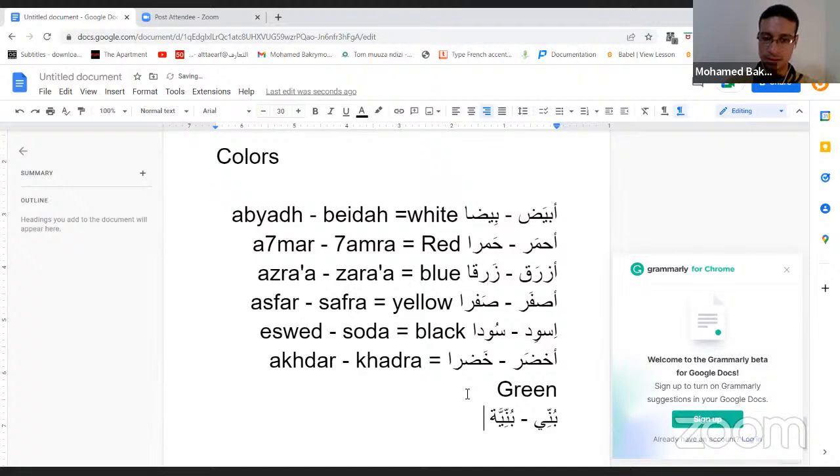It's a different form, so let's not focus on it right now. Let's just focus on the standard and the basic ones. So abyad, bayda, ahmar, hamra, azra, zar'a, asfar, safra, aswad, soda, akhdar, khadra. Okay.